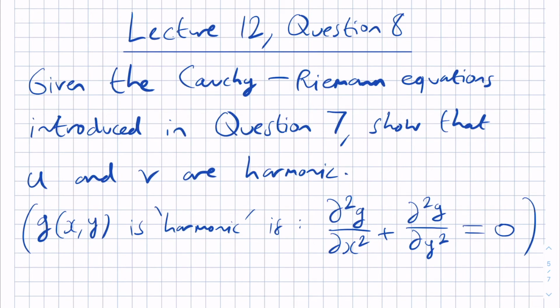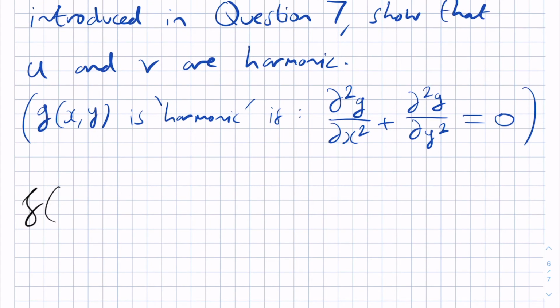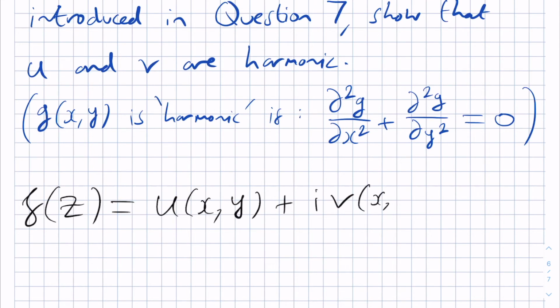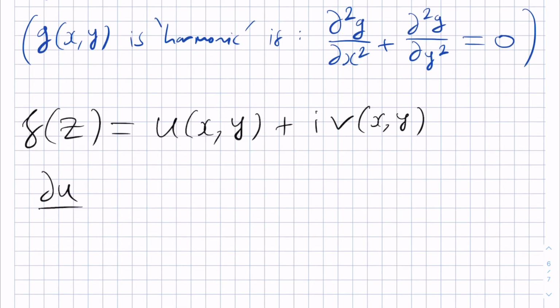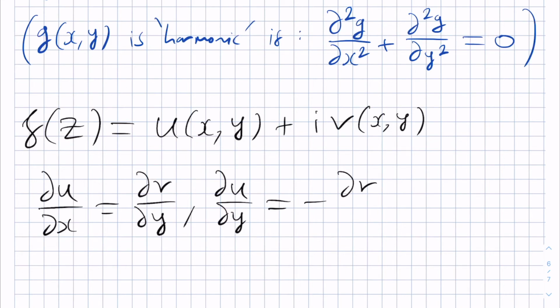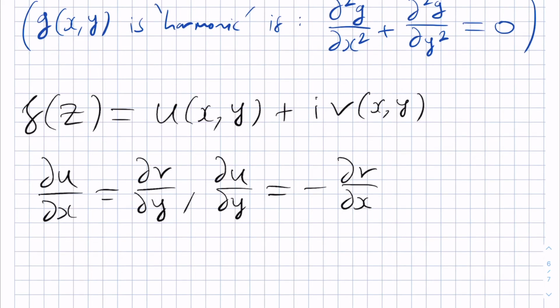So we begin by assuming that we have some complex function f of z with real part u of xy and imaginary part v of xy, and then the Cauchy-Riemann equations for u and v tell us that du/dx equals dv/dy, and du/dy equals minus dv/dx. We want to show that u and v are harmonic.